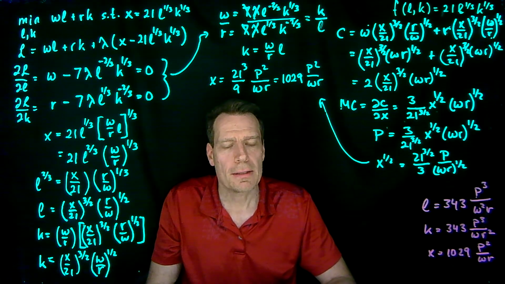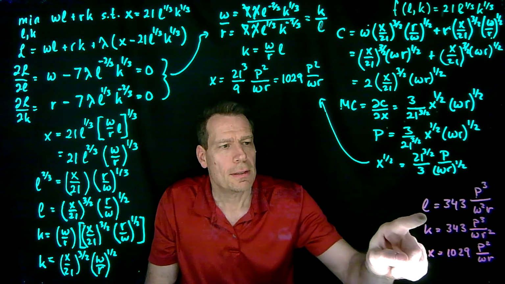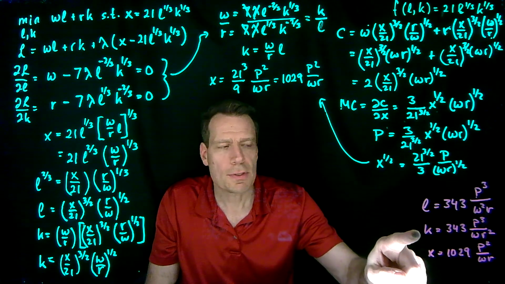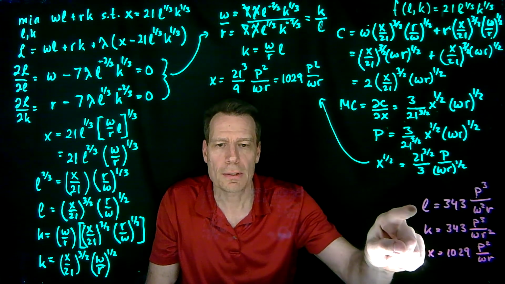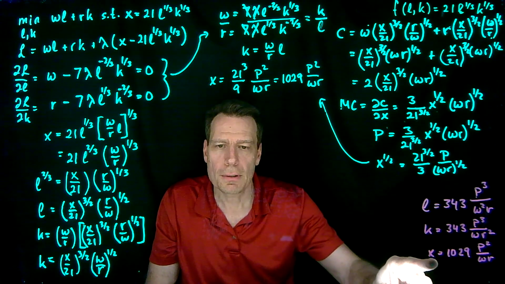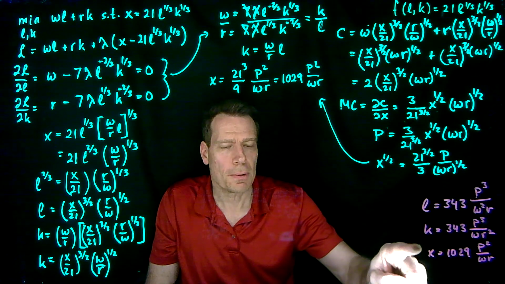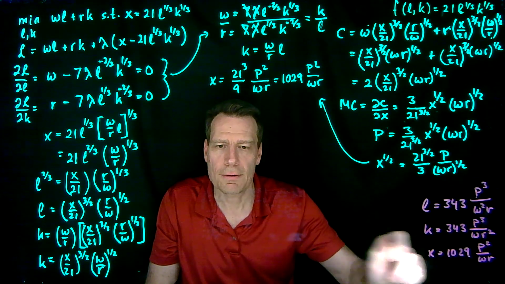So either way, we end up with exactly the same three functions. The input demand functions that tell us for any set of input and output prices how much we're going to demand of labor and capital, and how much we're going to produce, how much we're going to supply for any output price and set of input prices.